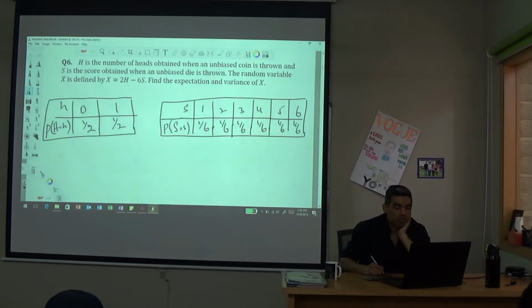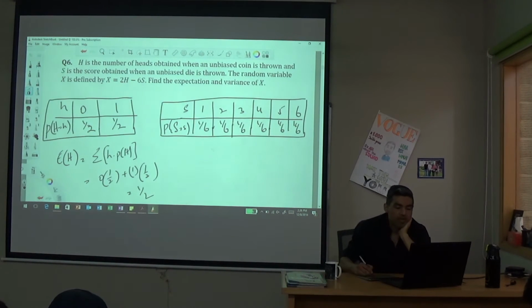So expected value of h would be: multiply each value with its own probability, right? And that would be 0 times half plus 1 times half.